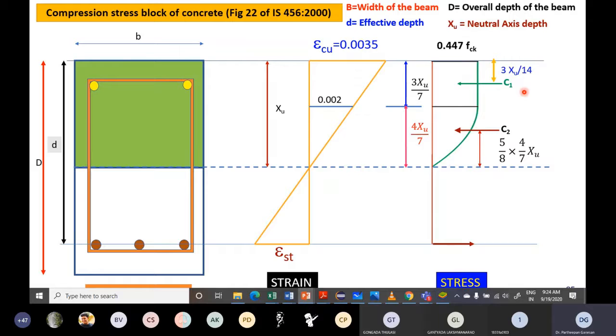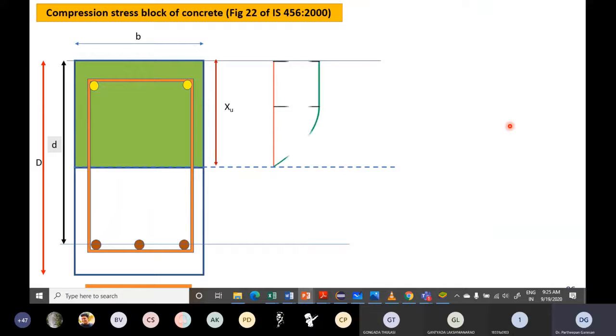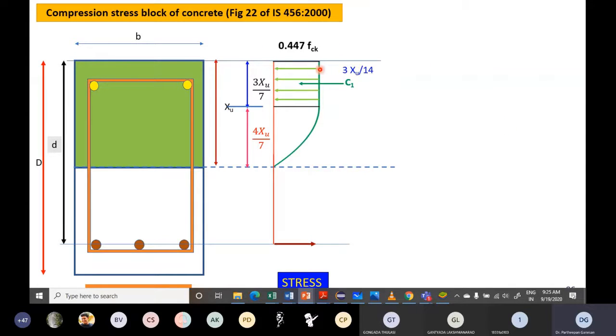Now the point is we have to find out C1 and C2, and this is the total tensile force taken by the steel. So this is the stress. Now in the next slide you will see these are all repetitions of the same thing. So this is the stress acting on this rectangular block, and this is the corresponding force, which is acting at a distance of 3 by 14 XU.